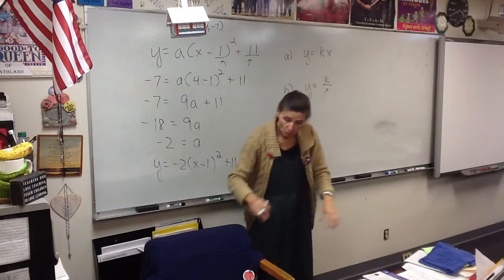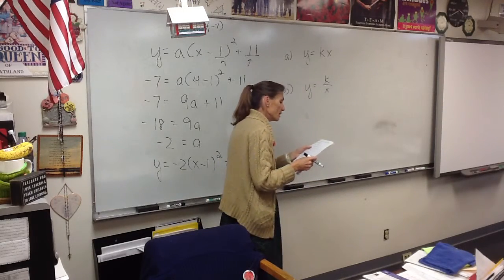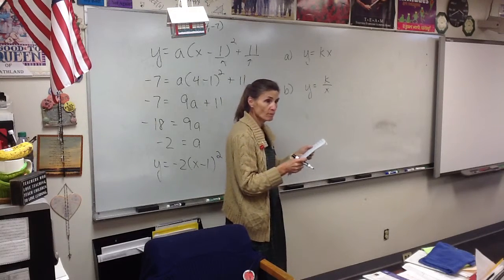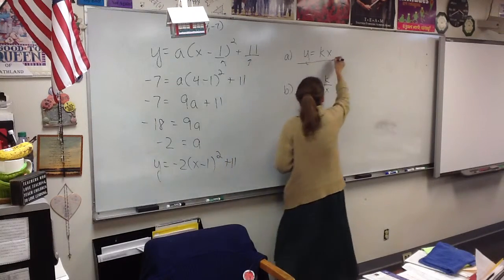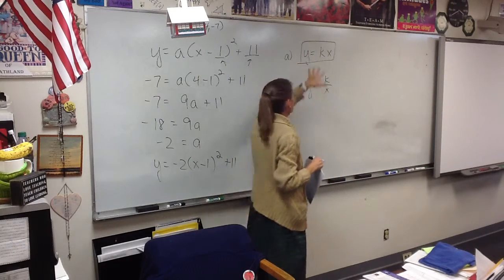The formula, if those variables are moving in the same direction, direct variation is right here. If they're moving in opposite directions, it's right here. Okay, so when I look at the next question, C, P varies directly as the square of Q. Now you are going to use this format. What was this one?